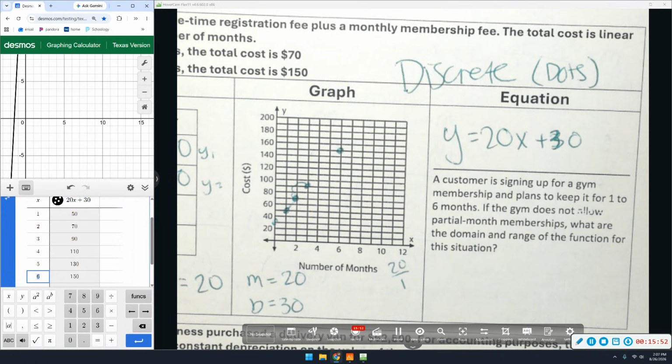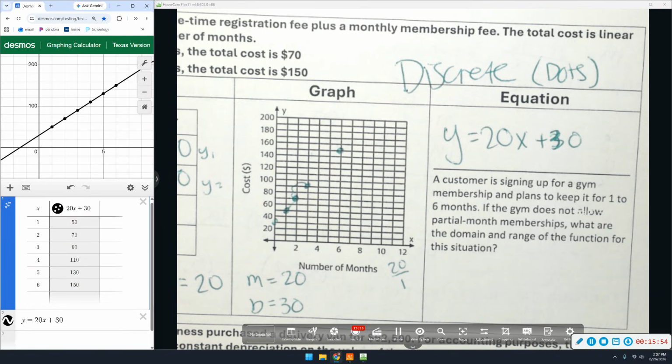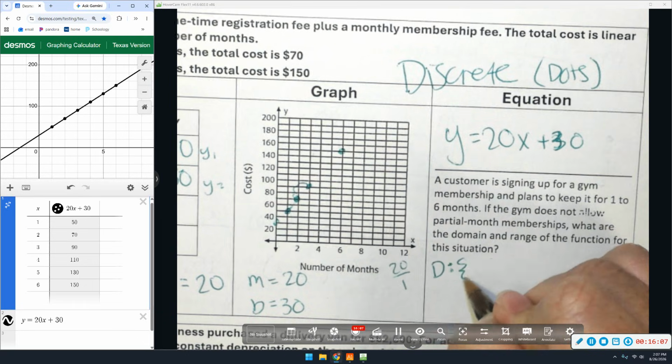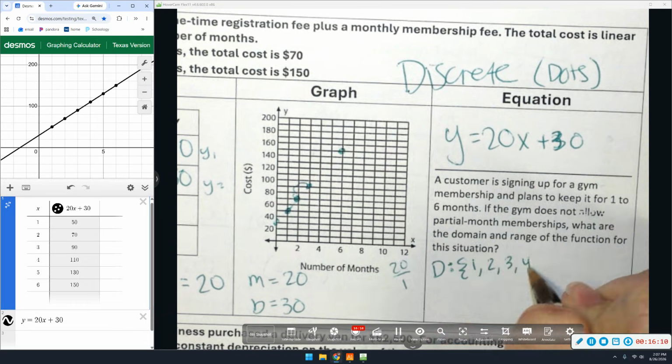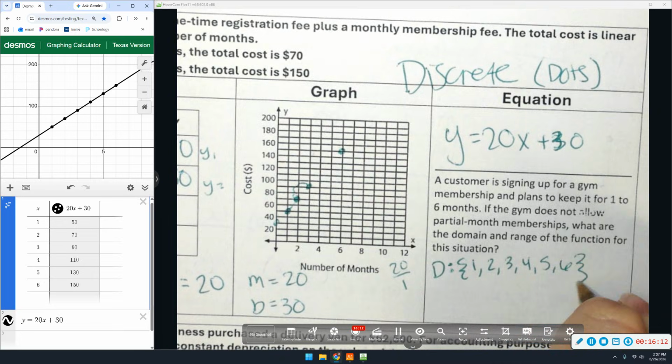And if I click this magnifying glass, it'll zoom in. Okay, now it did connect the dots because it's just the calculator. We can't tell it discrete or not. But there's my domain and my range. Isn't your domain just a list of all your x's? So my domain here is 1, 2, 3, 4, 5, 6.